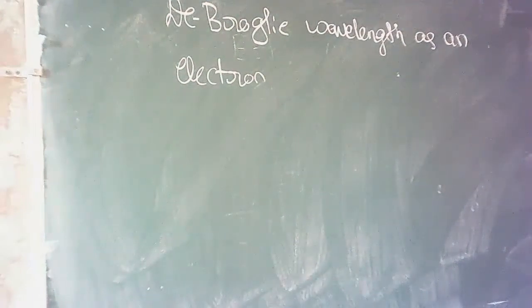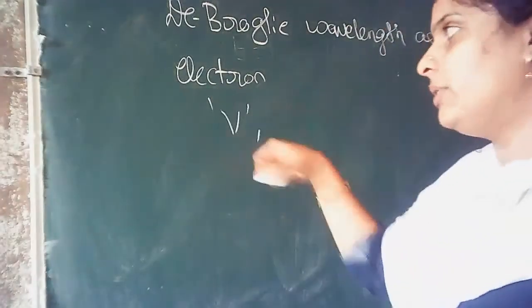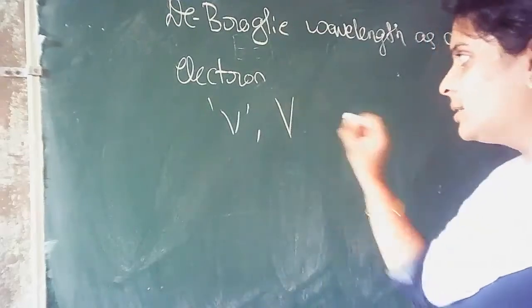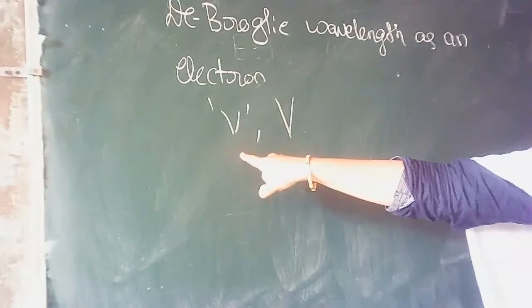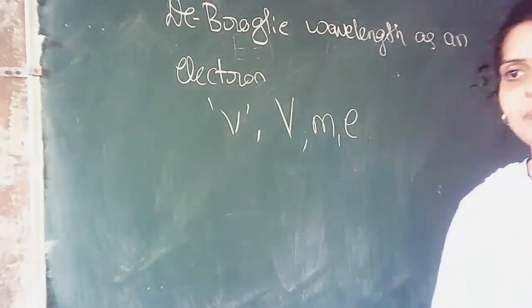Consider an electron which is moving with a velocity v when accelerated by a potential capital V. Here v is the velocity of the electron having mass m and charge e.